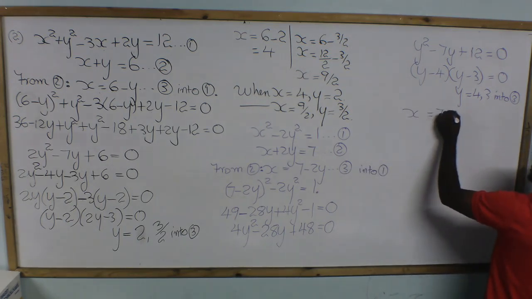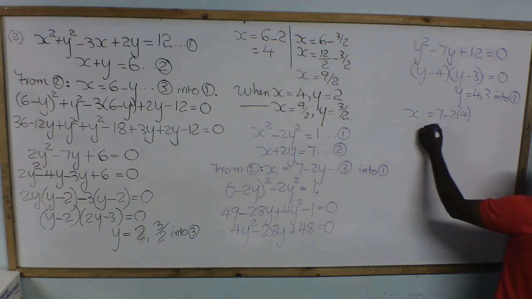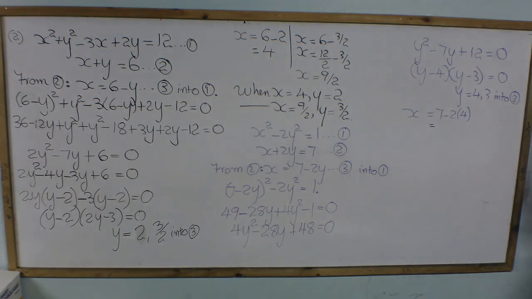x is equal to 7 minus 2 times 4, 2 fours.